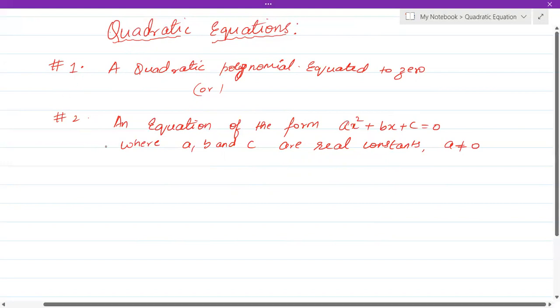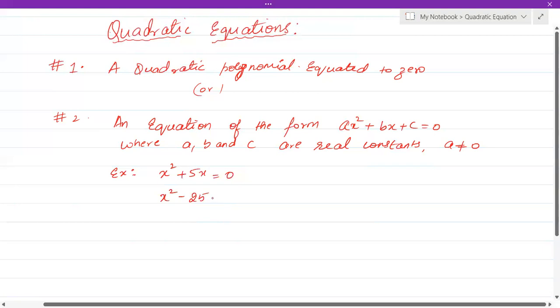Let's see some examples. Few examples: x square plus 5x is equal to 0 is a quadratic equation. X square minus 25 is a quadratic equation. If I don't equate it to 0, then it becomes a quadratic polynomial. That's it.